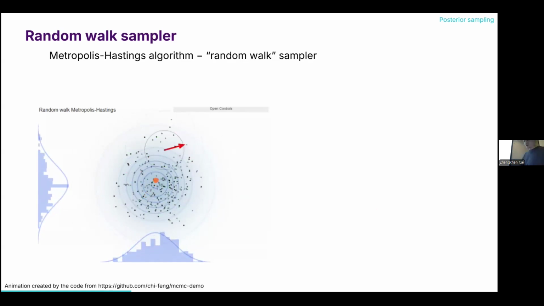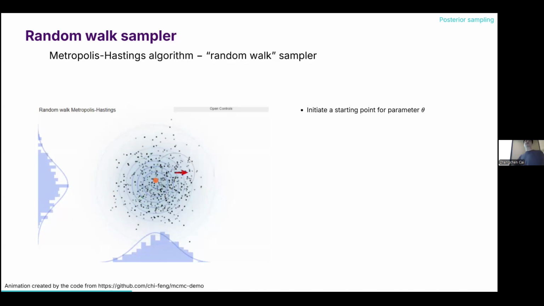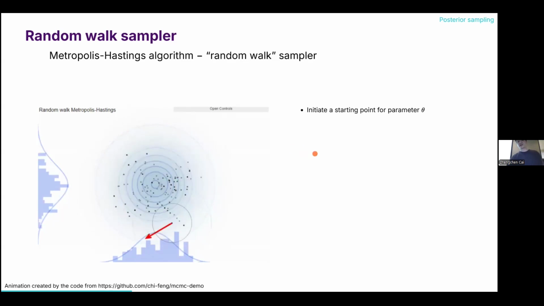And what you do is, as I said for the distribution of people in the building example, you initiate the starting point randomly anywhere in this 2D space, and you will get a set of parameters theta.